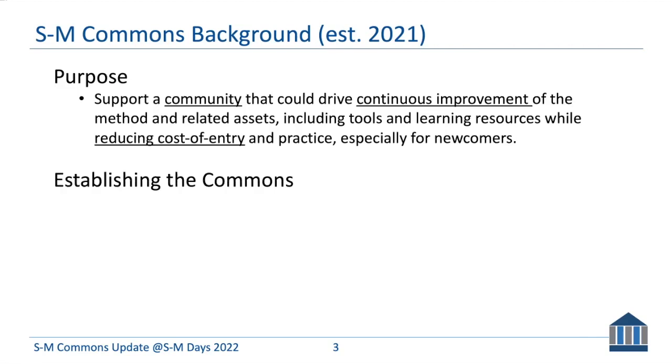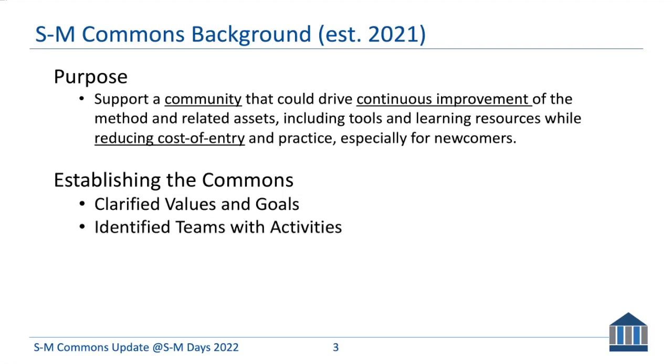Given this purpose, we set about establishing the community by first, clarifying our goals and values so it would be clear where we were going and how we'd be working together. Next, we identified the different activities the community would need to be engaged in as a means of organizing ourselves into teams.